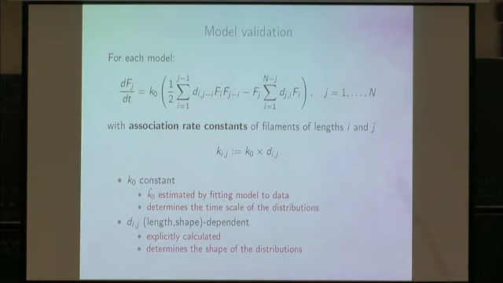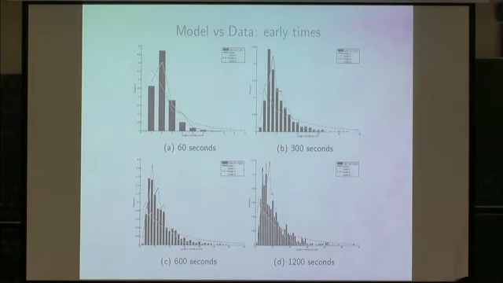And I'm going to compare my 4 models to estimate this K0 with the data at each time. So I have several times. I have 1 minute to 20 minutes, and after 2 hours and 4 hours.